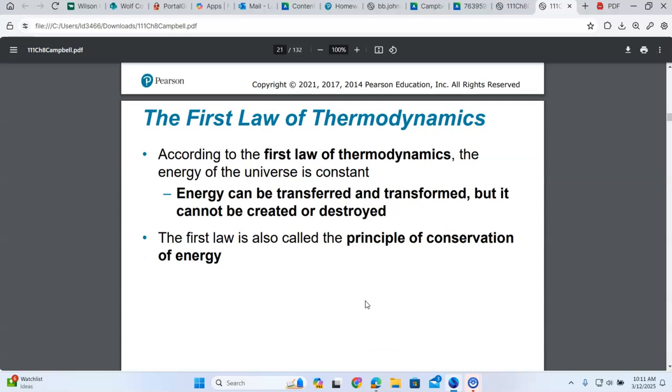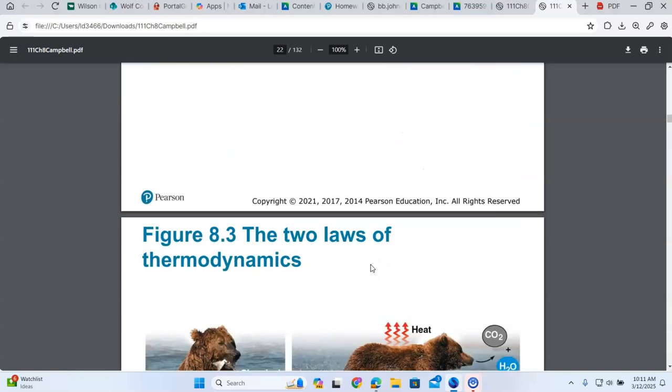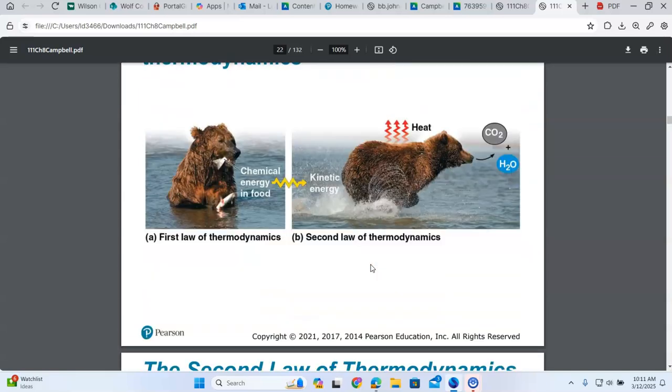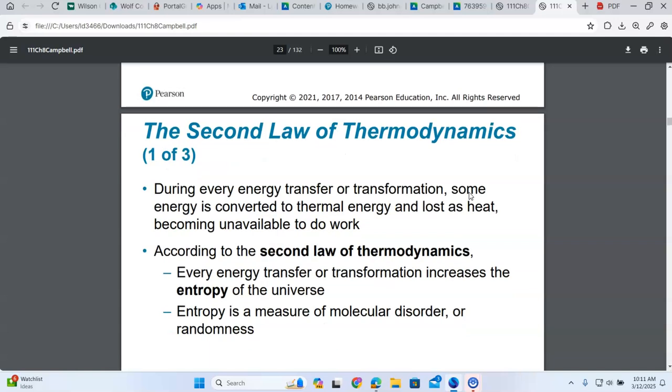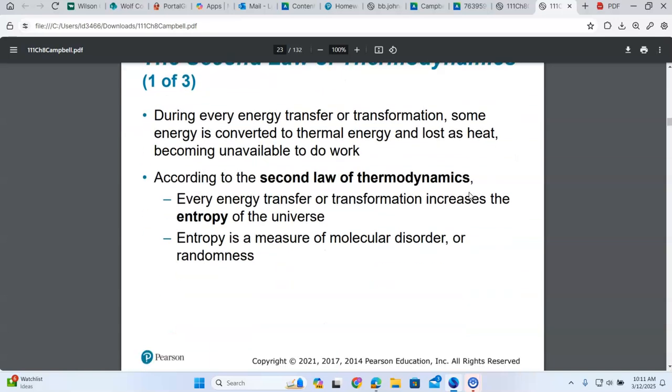So according to the first law of thermodynamics, the energy of the universe is constant. You can't create it or destroy it, but it can be transferred and transformed. And that's the first law of thermodynamics. And the second law of thermodynamics is that any energy transformation increases the disorder or the entropy of the universe. Entropy is a measure of molecular disorder or randomness.